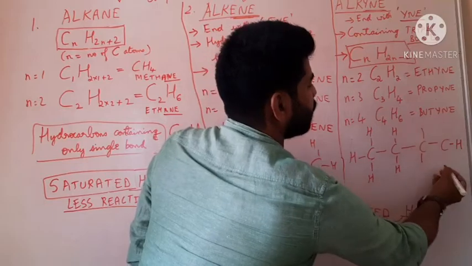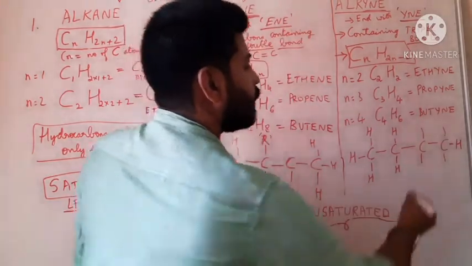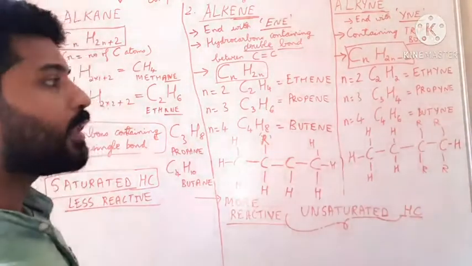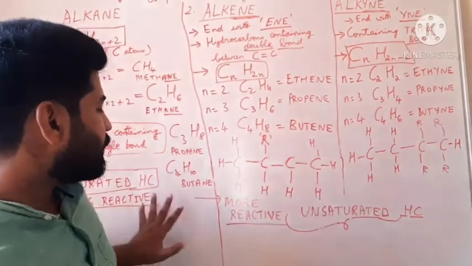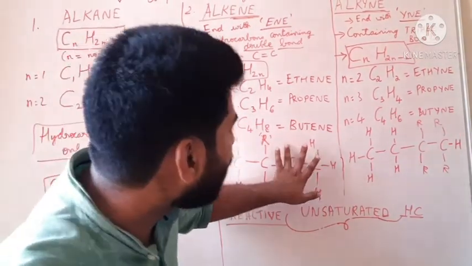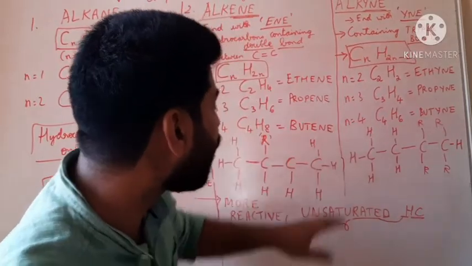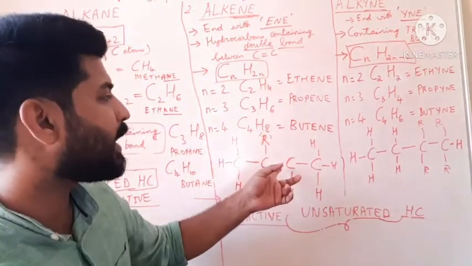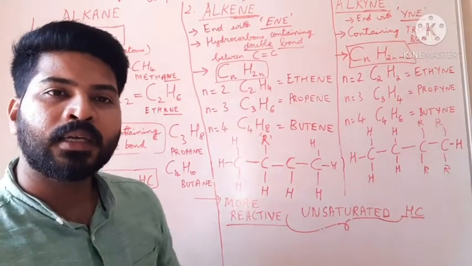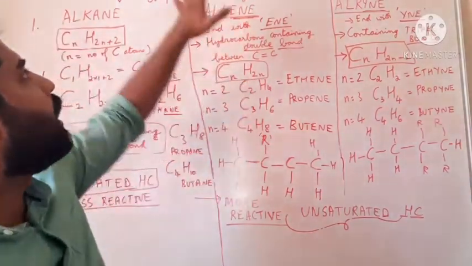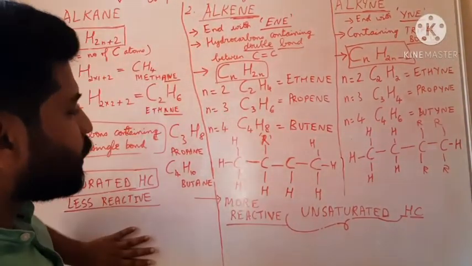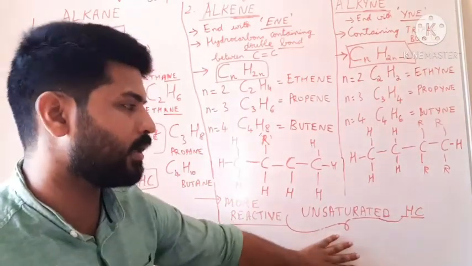So we can add some more additional atoms here, making them reactive. So saturated hydrocarbons are less reactive, whereas unsaturated hydrocarbons are more reactive because they have double or triple bond present. That is all about the hydrocarbons.